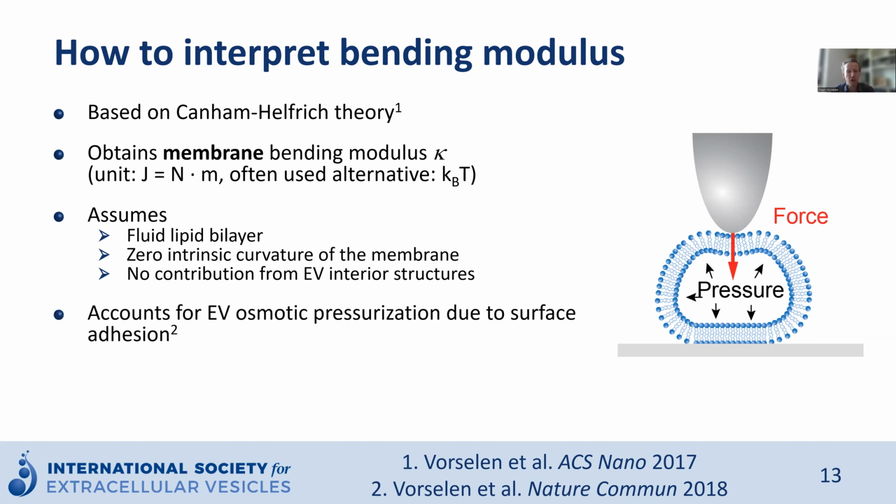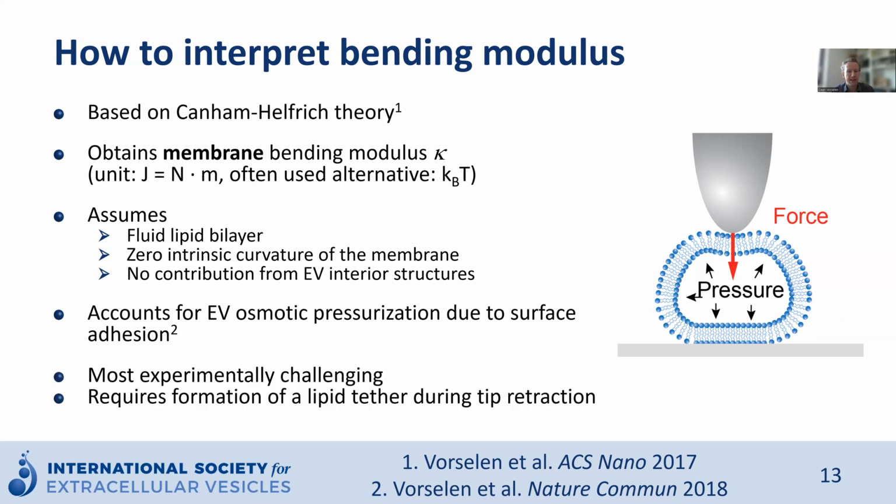So this model was shown to accurately describe even deeper indentations of EVs derived from red blood cells. However, it does require much more elaborate experiments, higher sample sizes, and looking at both the indentation and retraction curve, and is therefore the most time consuming and not easily scalable of the measurement approaches.